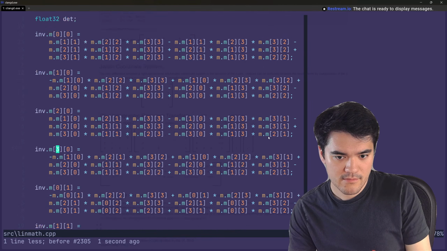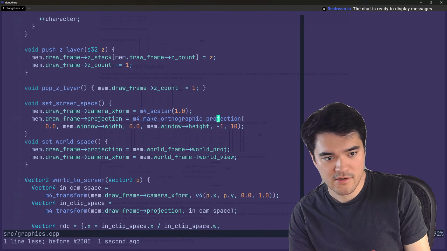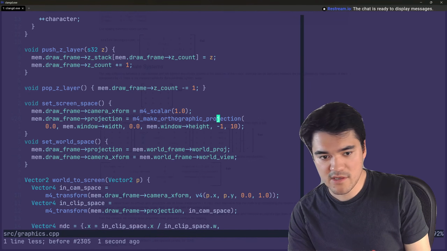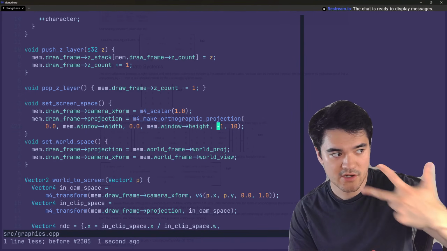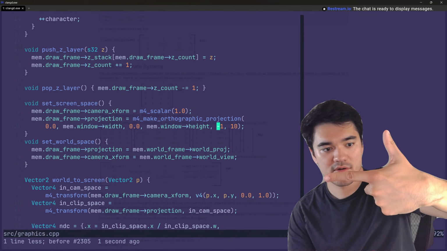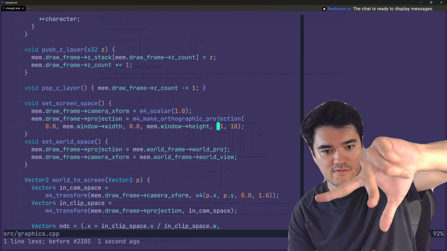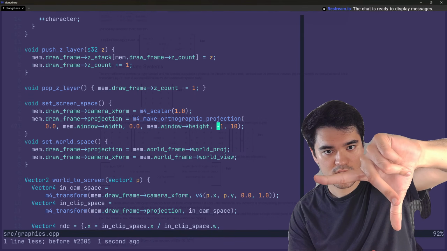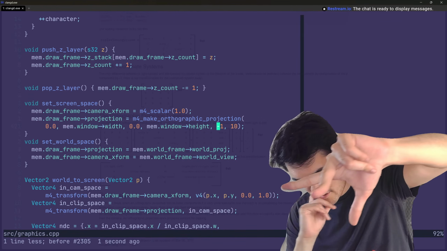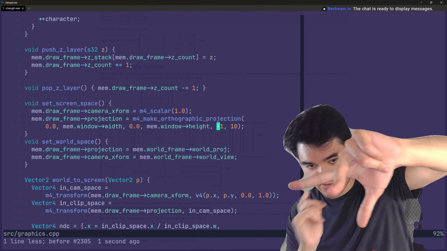But what is the convention for far and near? Because this may be the part that's wrong, right? The order of these two things. Actually, if we figure it out, far is positive, near is 0, right?